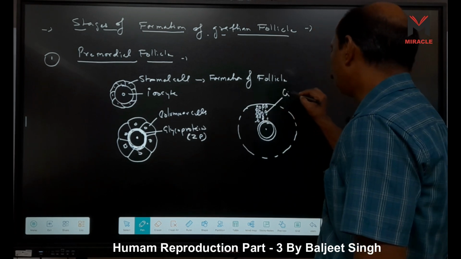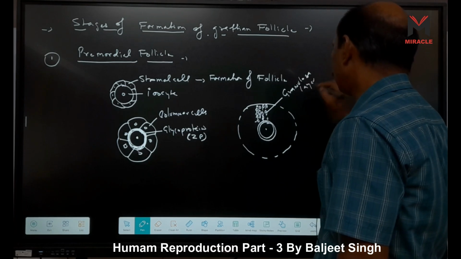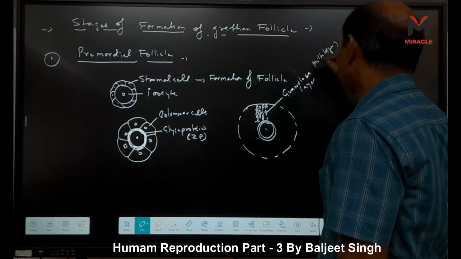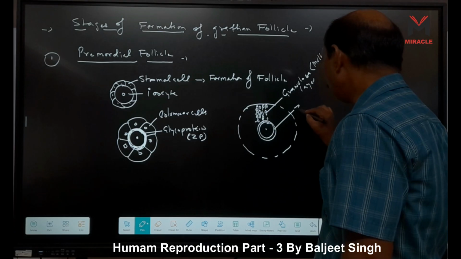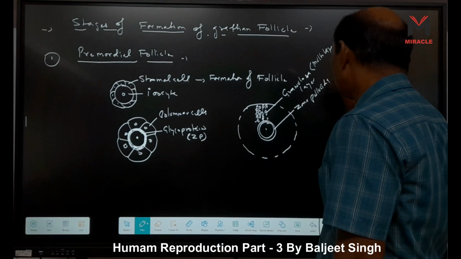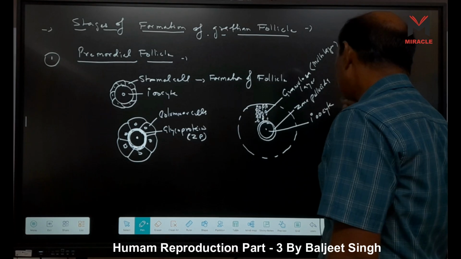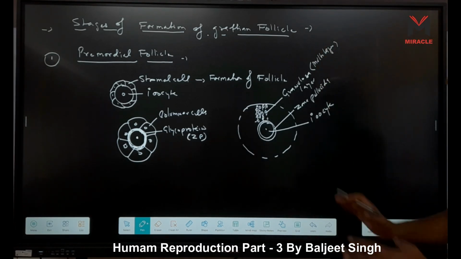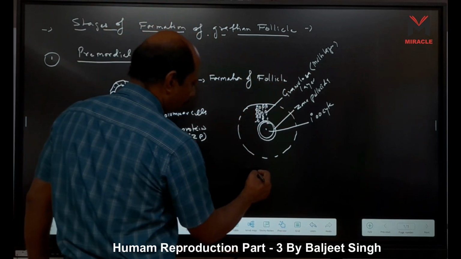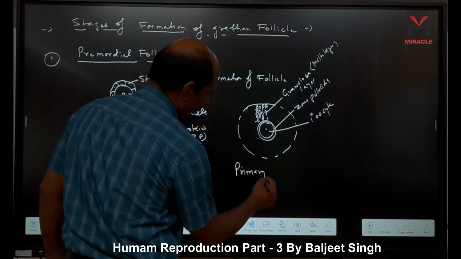This is called the granulosa layer, multi-layered. This is our zona pellucida, and this is our primary oocyte. Because it contains multi-layered granulosa, now it is called the primary follicle.